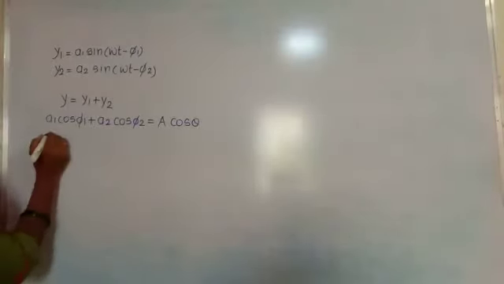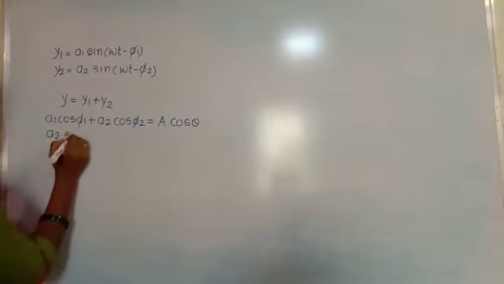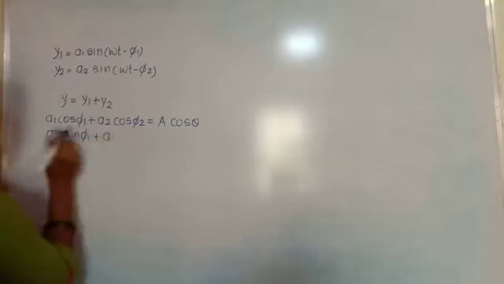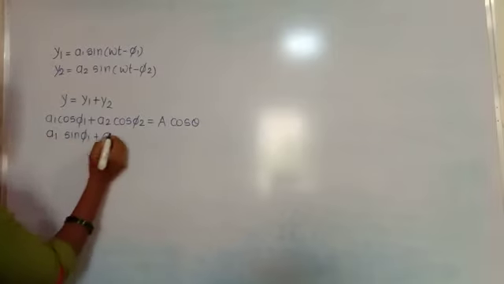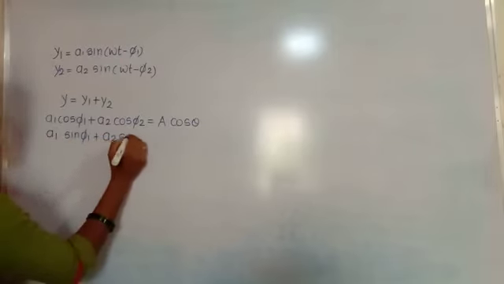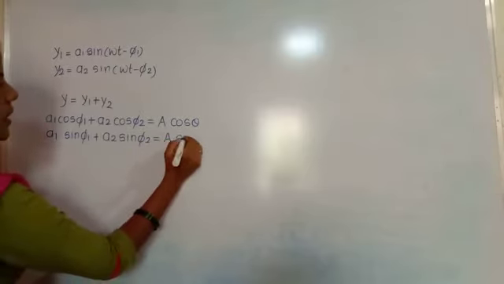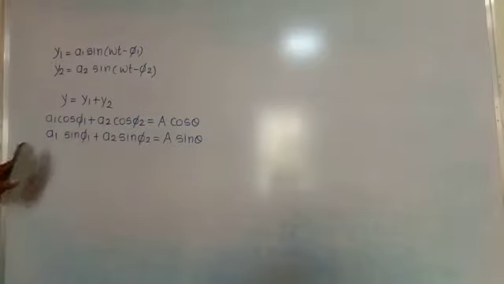And second, a1 sin phi 1 plus a2 sin phi 2, and this is nothing but A sin theta. By using these two values, we have calculated the resultant amplitude.